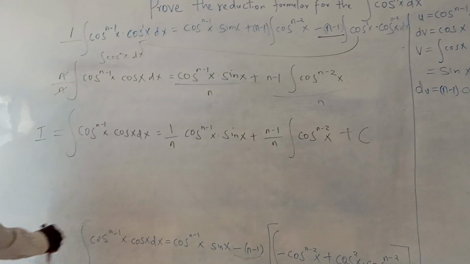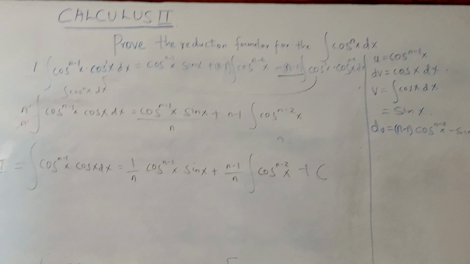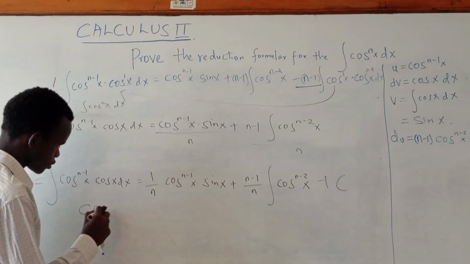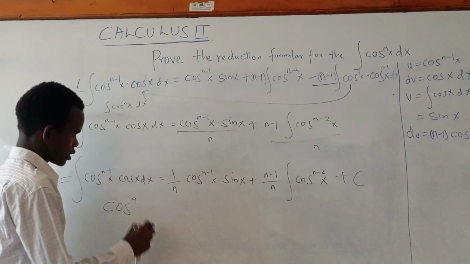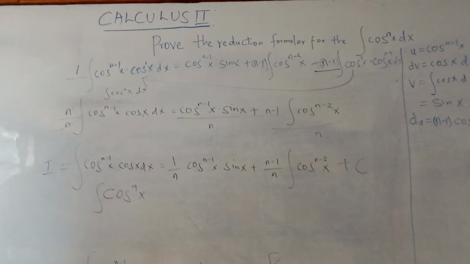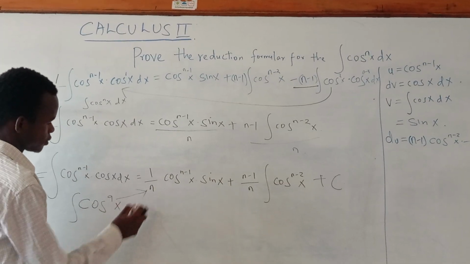So having this formula, you can integrate any power of cosine. For example, given cos to the 9 or 10 of x, told to integrate, it will be easy. Just replace n with 9 here.